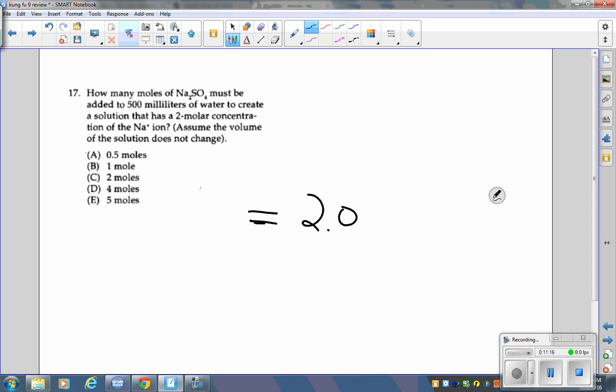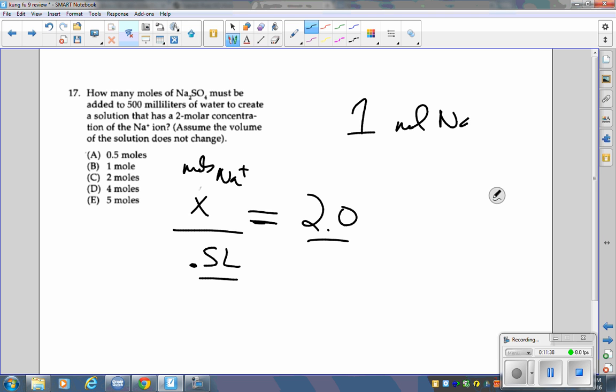How many liters do they want? 0.5 liter. I just need to know how many moles of Na+ I need. Okay. So if I multiply liters times that, I get what? Moles. I get 1 mole. I just need 1 mole of Na+. Right? 1 mole of that equals 2.